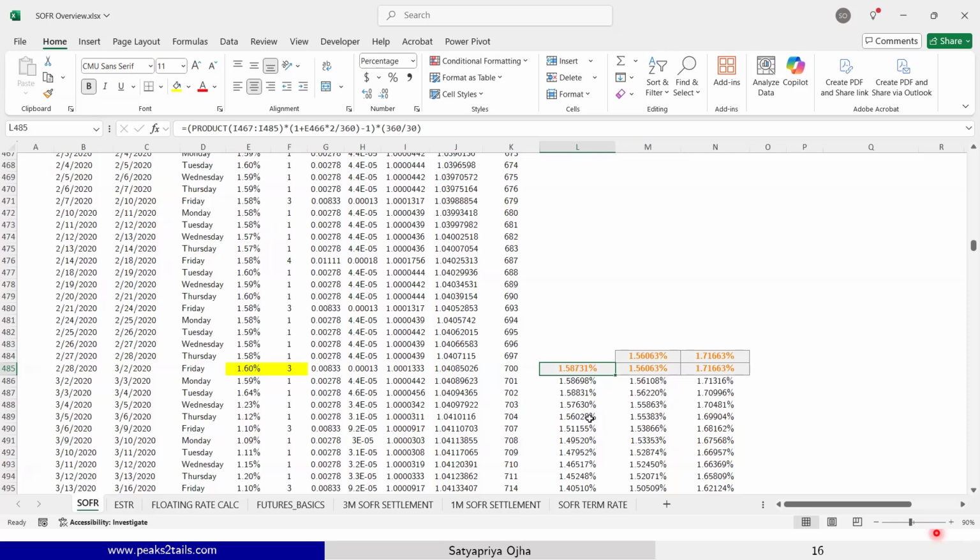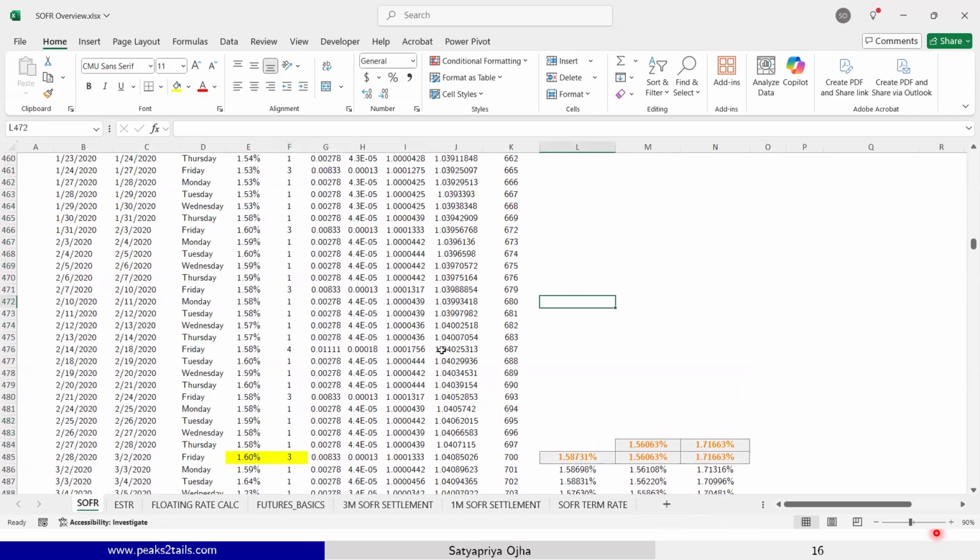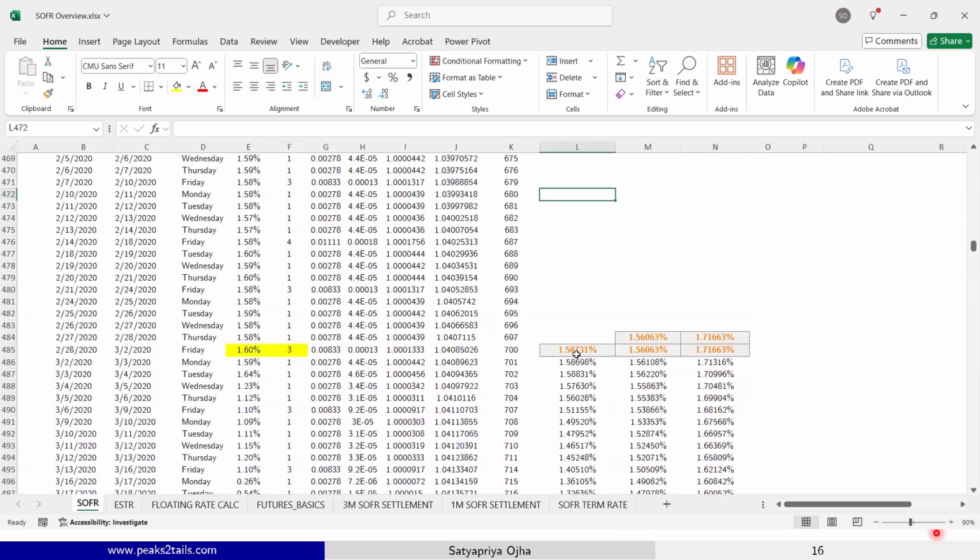And how is this moving average calculated? Again, the 30-day formula. For the last 30 days, from this date, you go back 30 days and then compound, exactly the same kind of compounding, and calculate the annualized interest rate.